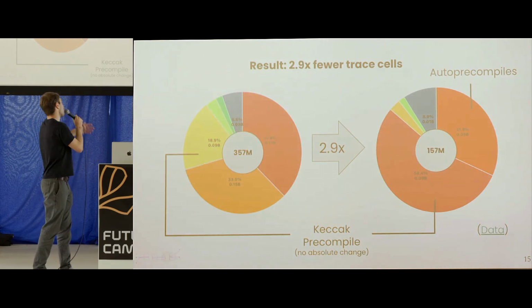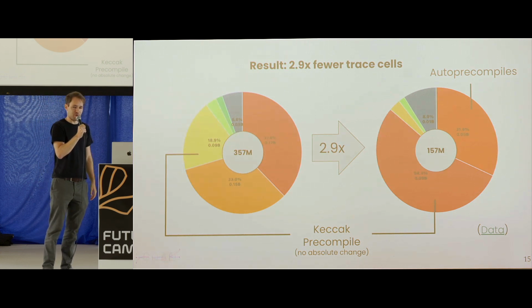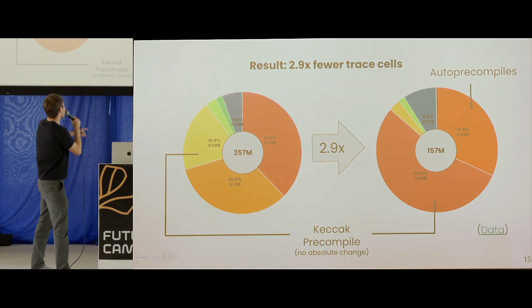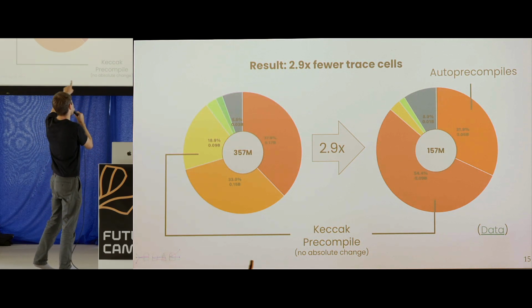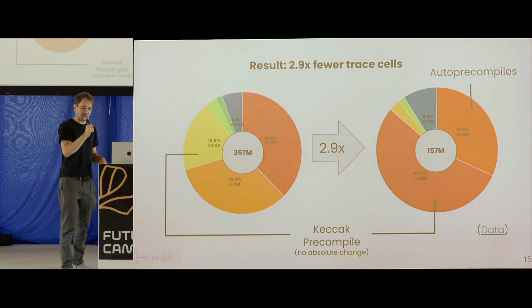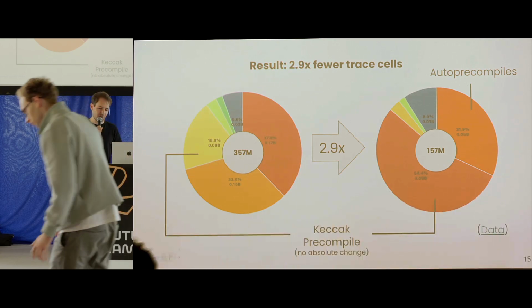And most of the other chips are busy proving the blurring. And then after auto precompiles, the absolute numbers of the Keccak precompile stay the same. But because everything else shrinks, the share goes up to 55%. So actually, after auto precompiles, the majority of the prover work is to prove the hashing.